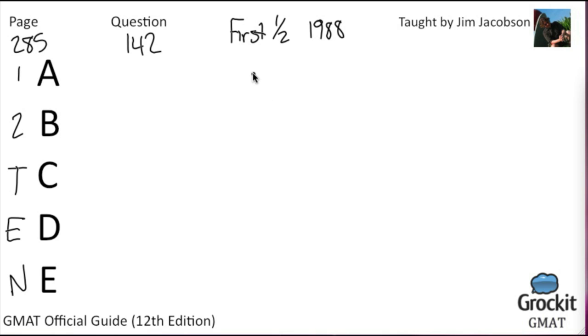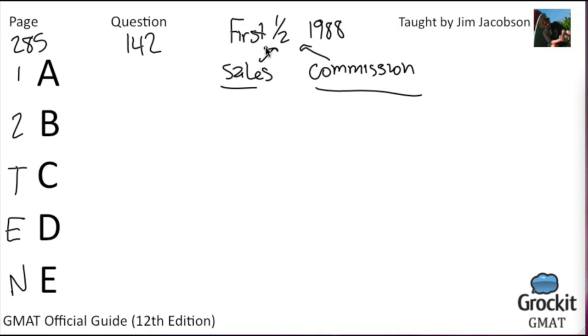In order to know the amount she earned from the commission on her sales, we would need to know the sales and what her commission rate is. And it would need to be for the first half of 1988, or we would need to be able to derive that information from the information that we were given. But we need to be able to get to those two things for this time period.